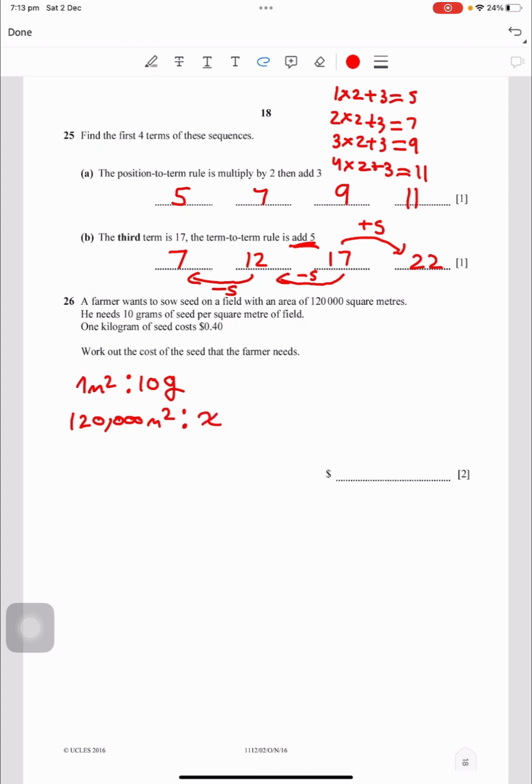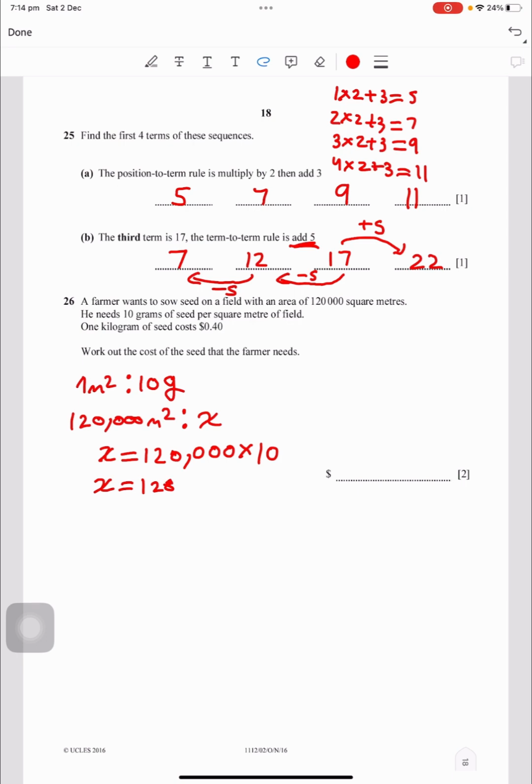So now we need to find this in grams. So it's x. So x is equal to 120,000. Let me write this. There we go. Okay. And there we go. So we'll multiply this by 10 times 10. So now x is equal to 120.